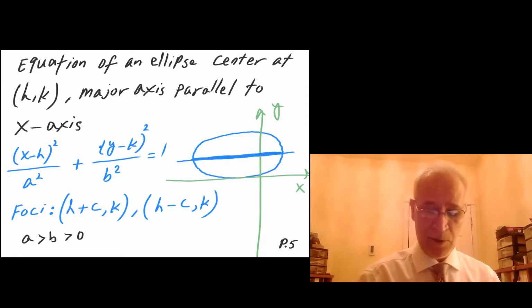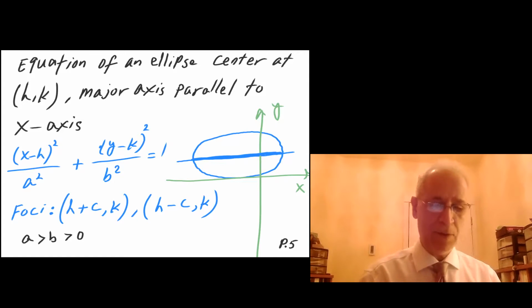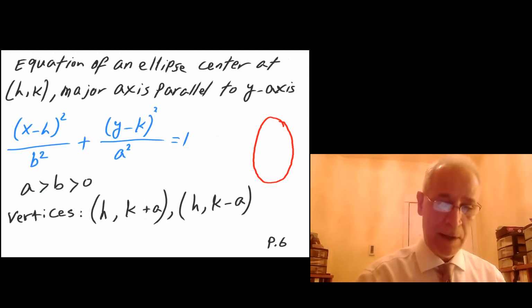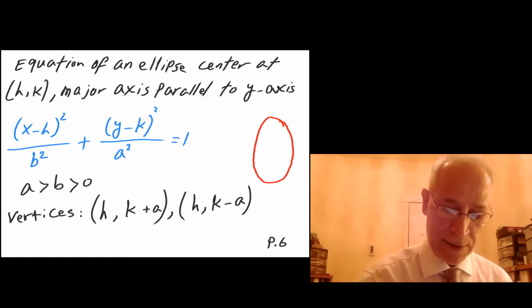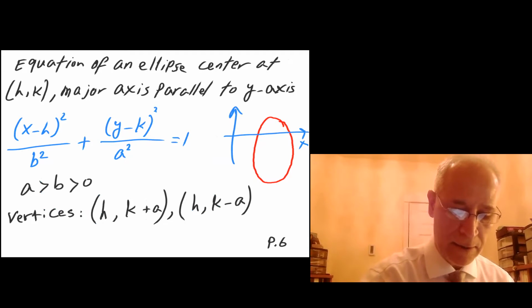And one last case that we have is if you have an ellipse that is elongated vertically. So let's say I have my x-axis in here and my y-axis in here.